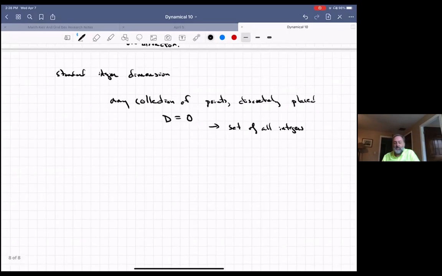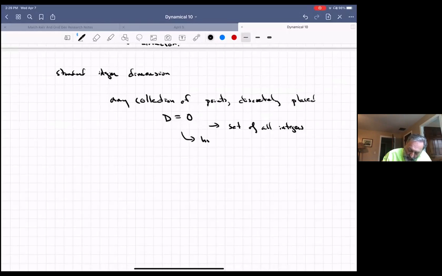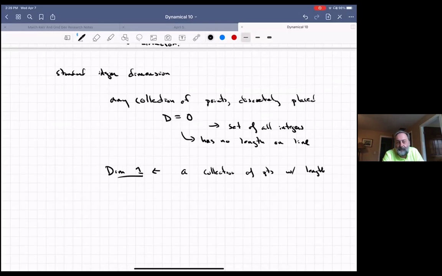So something that has dimension zero has no length on the line. If you have a dimension of one, this is a collection of points that somehow has length.